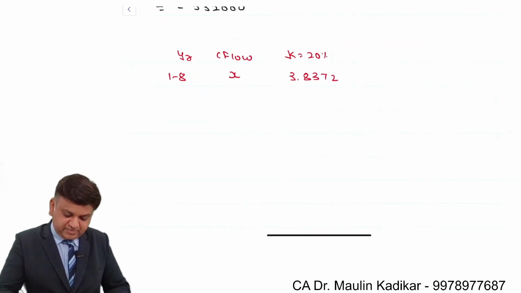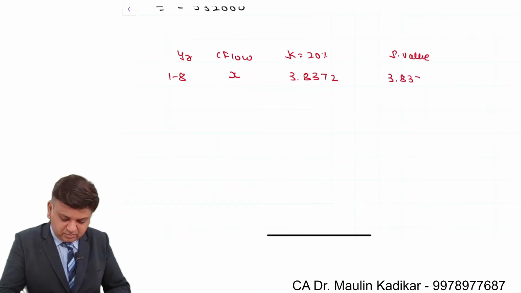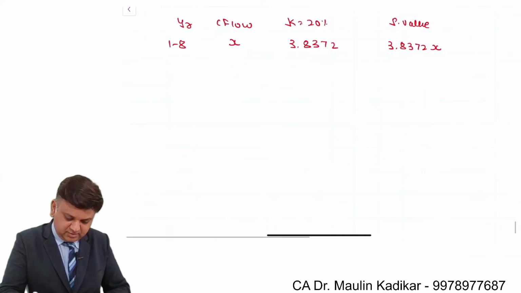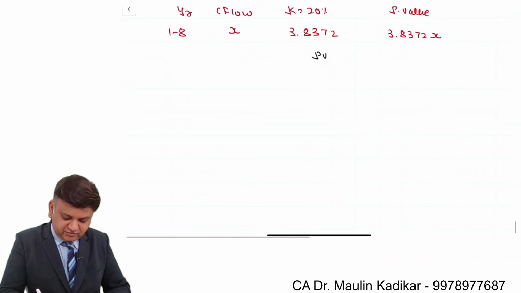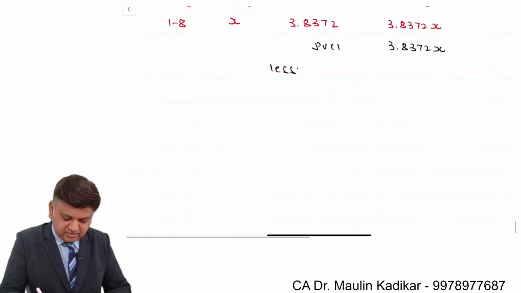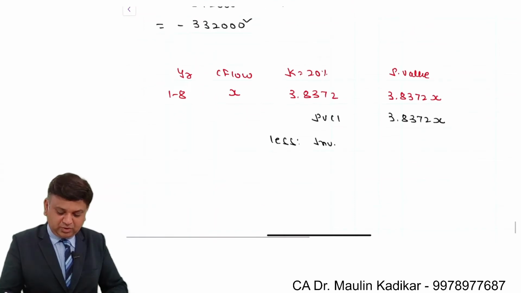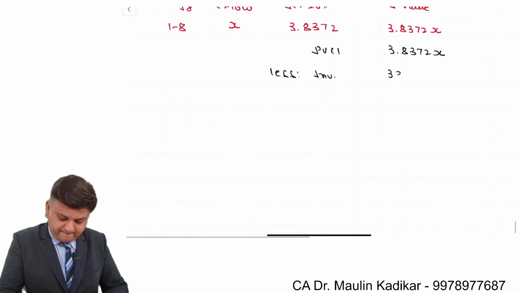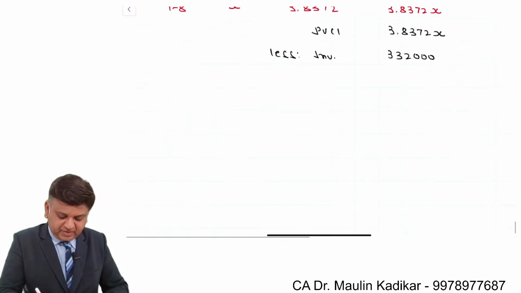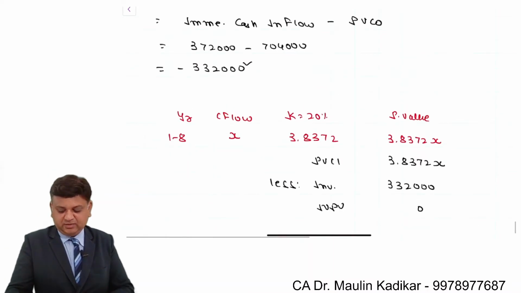So we understand that the present value is 3.8372 x. So this is present value of the cash inflow, 3.8372 x less investment. This is the amount of the investment, 3,32,000. And taking NPV 0 will make the calculation of X as balancing figure.